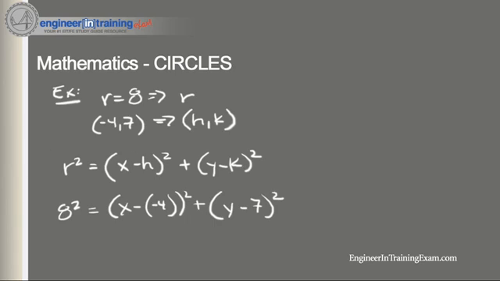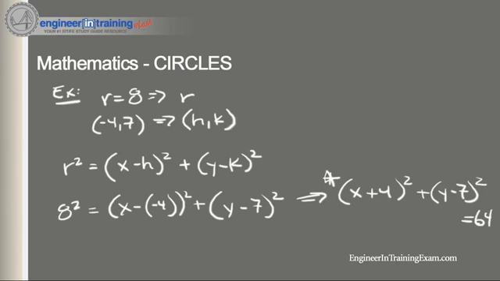So this ultimately plays out to be x plus 4 squared plus y minus 7 squared is equal to 64. So this is an equation that's telling us that the circle is located at -4, 7 and has a radius of the square root of 64, which is 8.